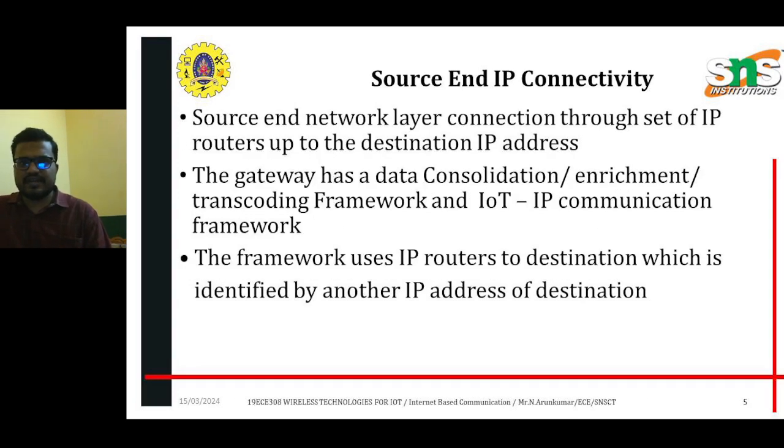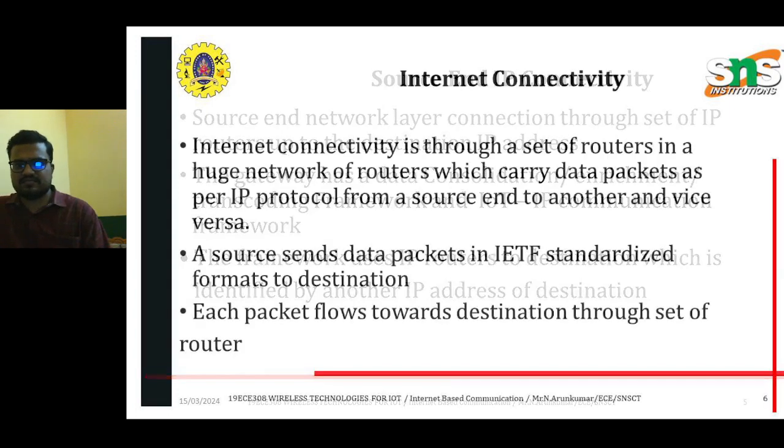The source in the network layer connects through a set of IP routers to the destination IP address, followed by the communication framework. The communication framework is very useful to carry the sources through the IP routers to the destination process, so that we can see the concerned information by typing an IP address.